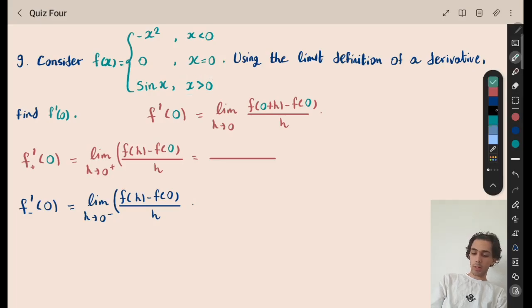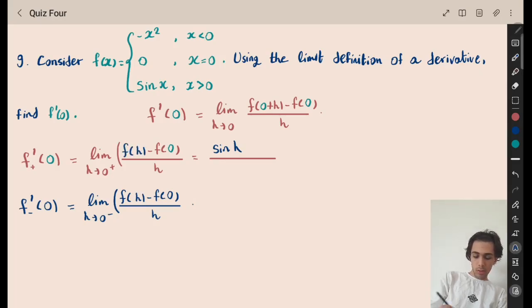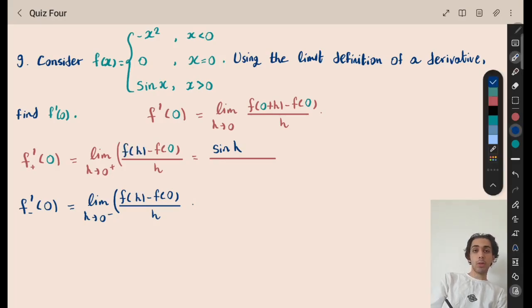So it will be sine of h. So f of h will be sine of h. And then we take away f of 0. F of 0 is actually 0. Precisely at 0, this function is defined to be 0. So it's fine if we write 0 there, but we're just taking away 0, so we might as well remove it.